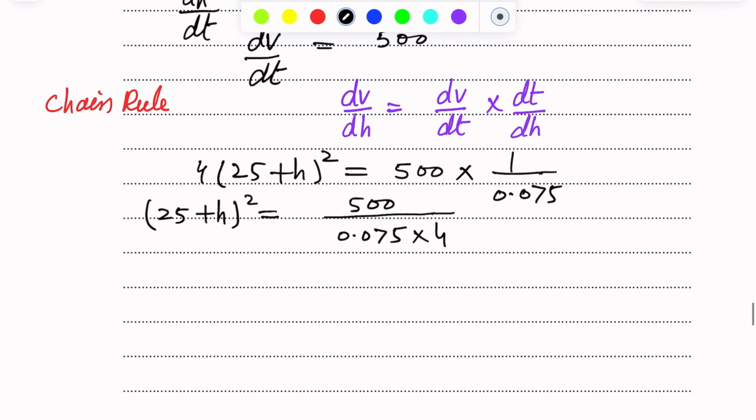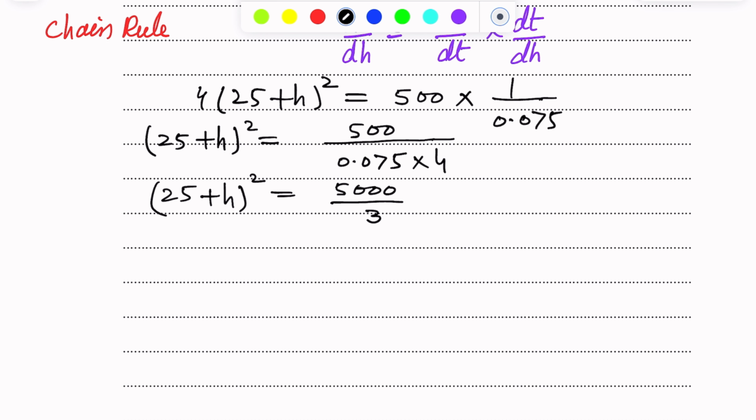After calculating, the right-hand side becomes 5000 over 3.